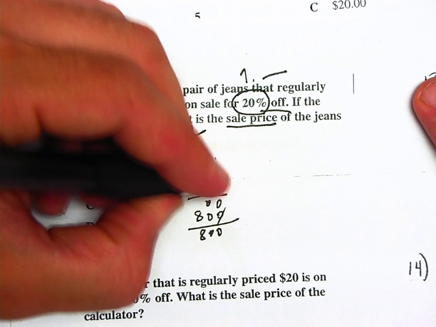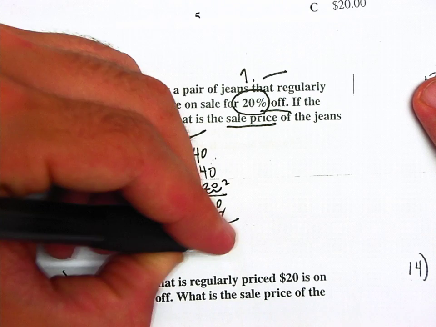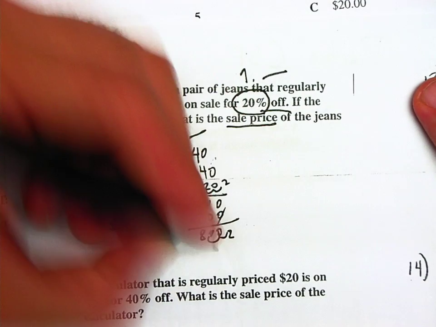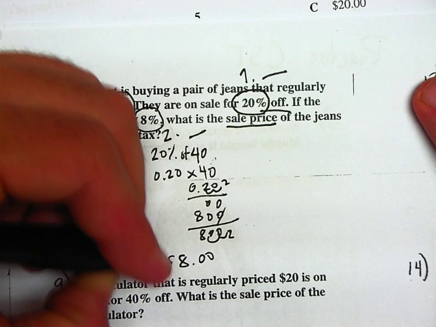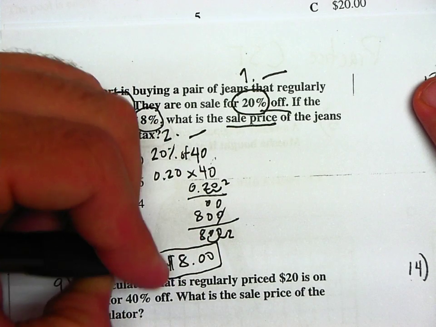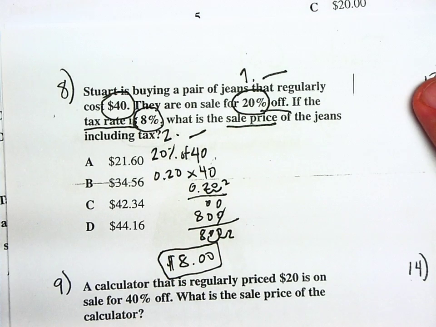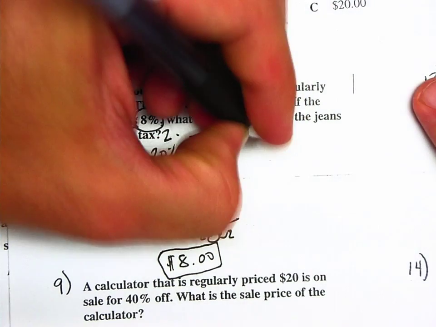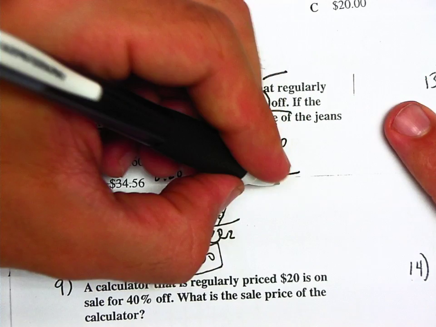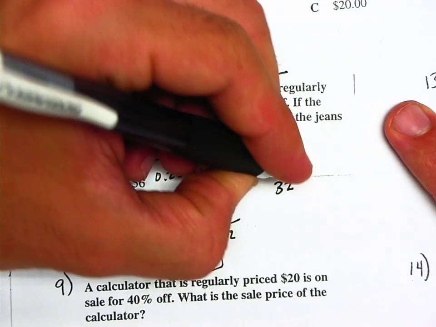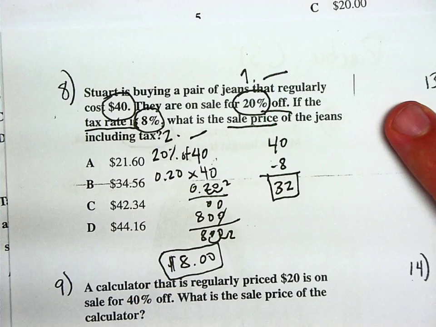But since I move my decimal 2 places in the factor, I move it 2 places in the product, and I know that I'm going to save $8. That's my first sale price. So it was going to cost $40. I'm going to save $8. So sorry, the first sale price is going to be $32.